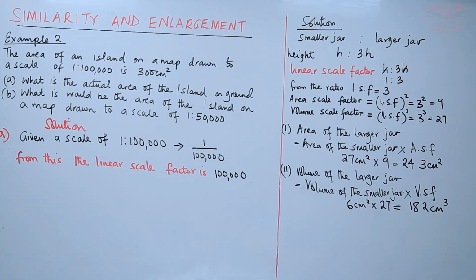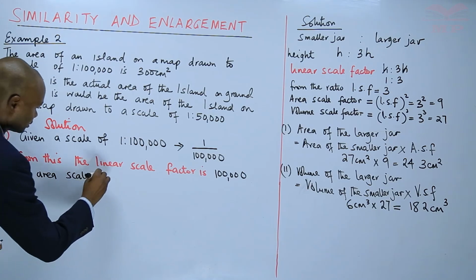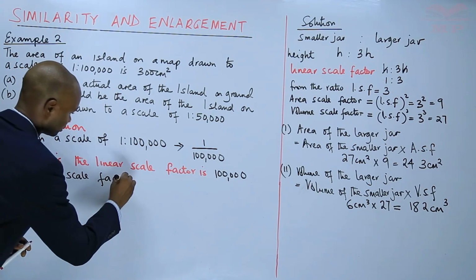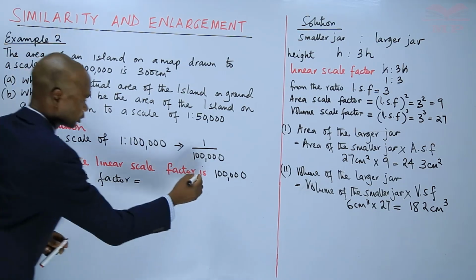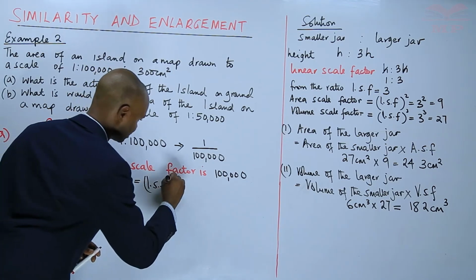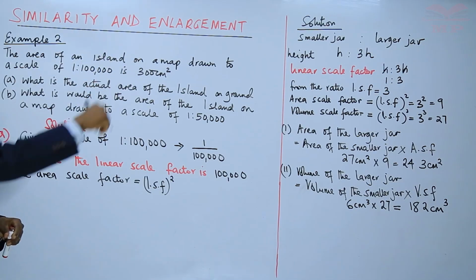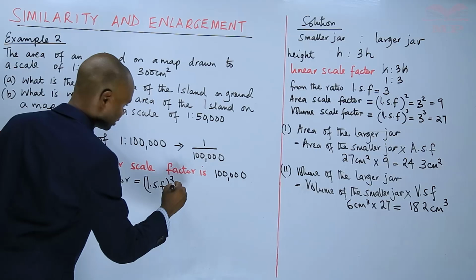$100,000. And from there, the area scale factor will be equal to linear scale factor squared, from what we have just got from a previous question.